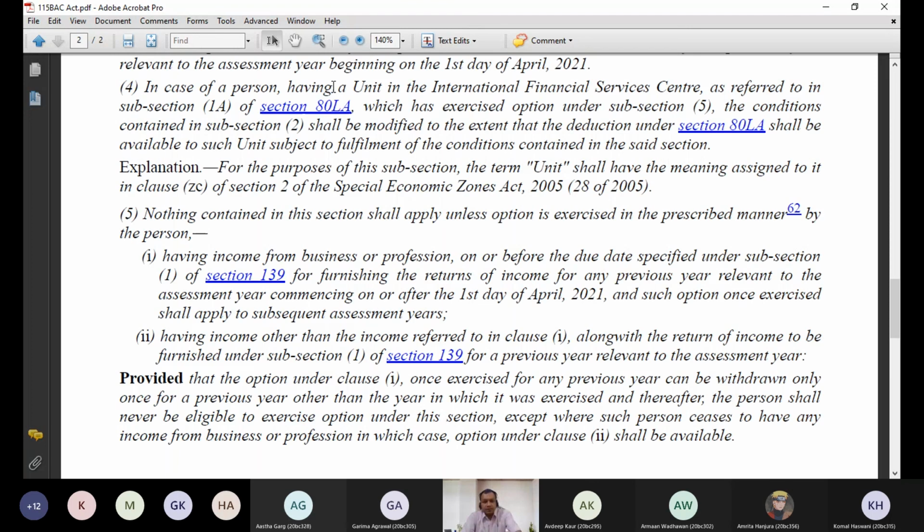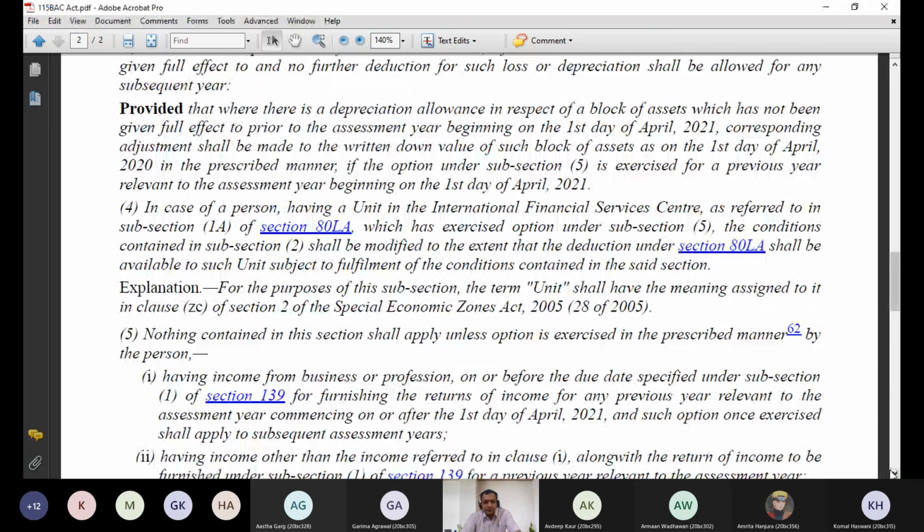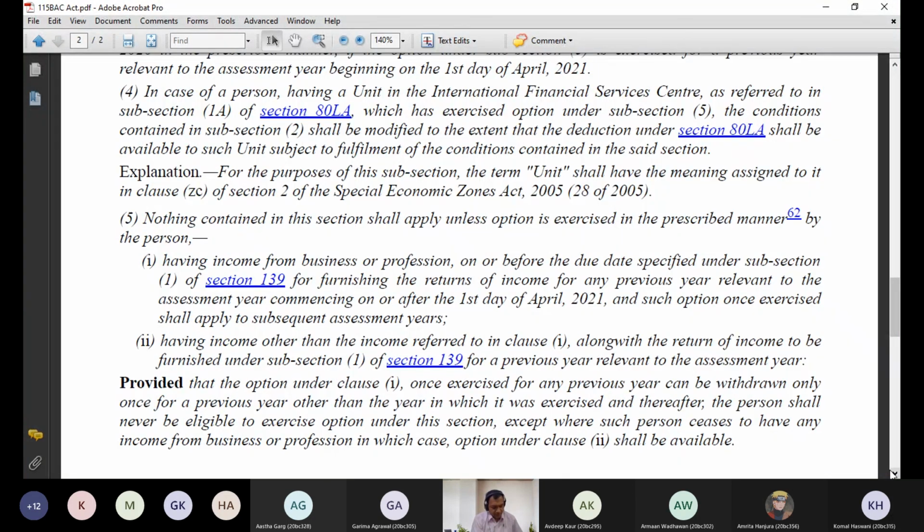Is it visible? Yes, sir. Now, you can read this provided later on.